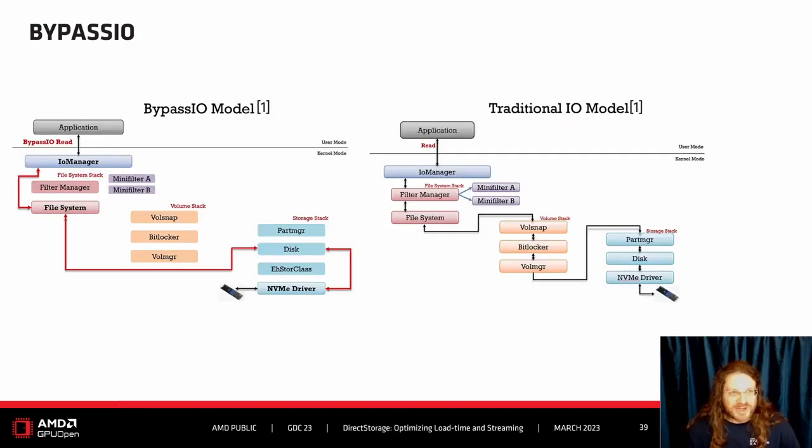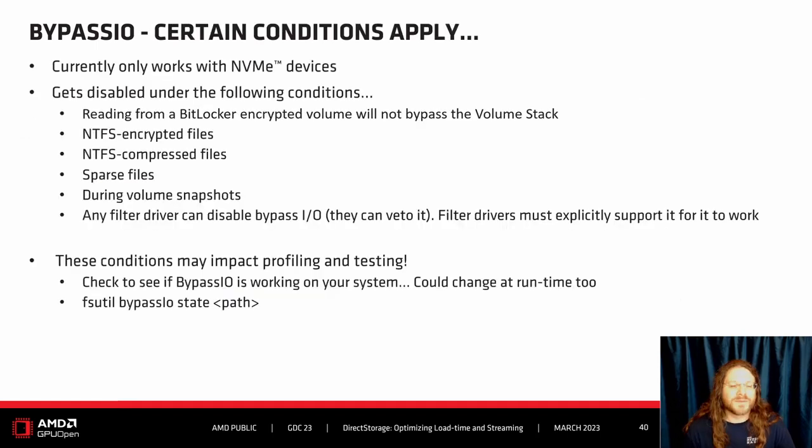So on the left-hand side, we're showing the bypass IO model, and on the right-hand side, we're showing the traditional IO model. And as you can see, the bypass IO model kind of circumvents the volume stack. However, with bypass IO, certain conditions certainly apply. Those conditions include the fact that it only works with NVMe devices, and it can be disabled under the following conditions.